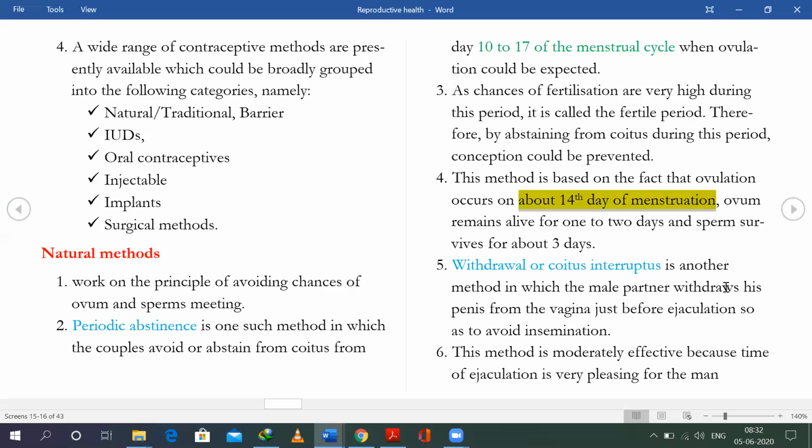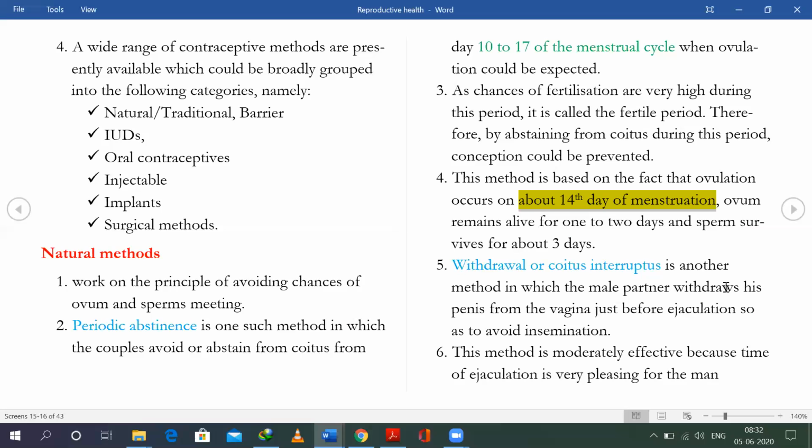So the ovulation will happen on day 14. That is why what we are trying to achieve here is to stay away from sexual intercourse 3 days prior and 3 days after the day of ovulation, to be on the safe side. Obviously you will be avoiding sexual intercourse on day 14.